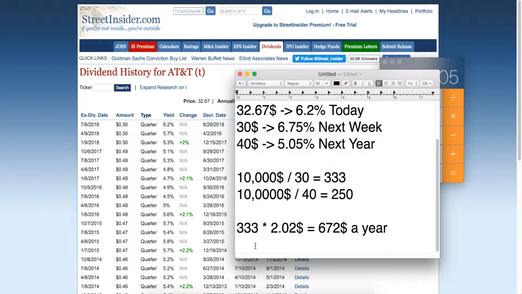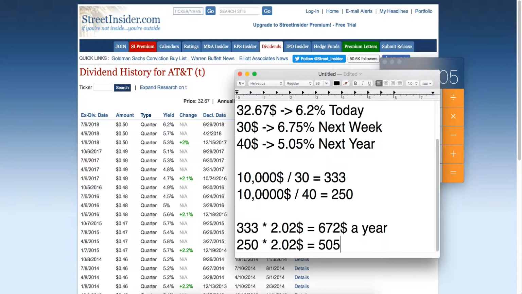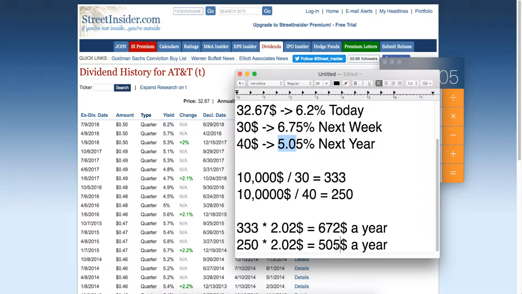So 250 multiplied by 2.02 is going to give us 505 a year, and you kind of see the difference here in the actual amounts. The extra yield, the 6.75 instead of 5.05, you can see it very clearly here.